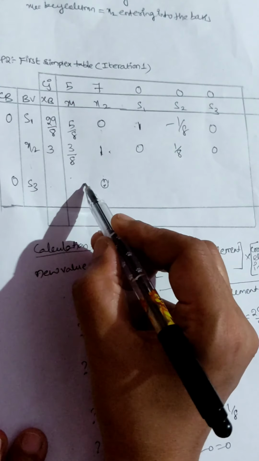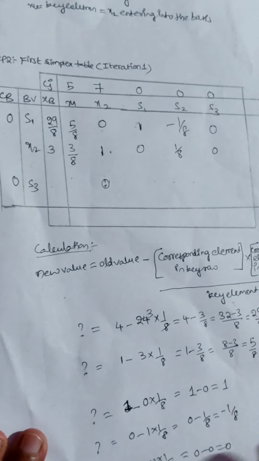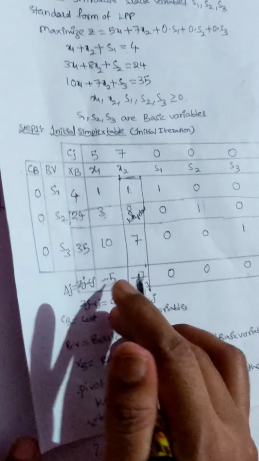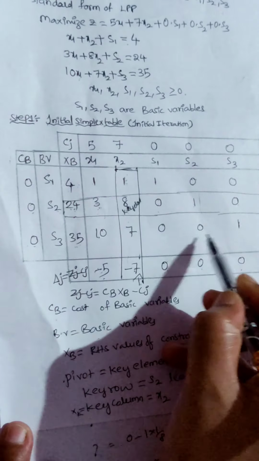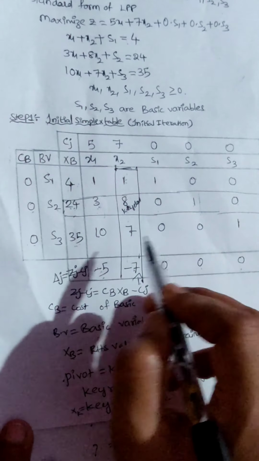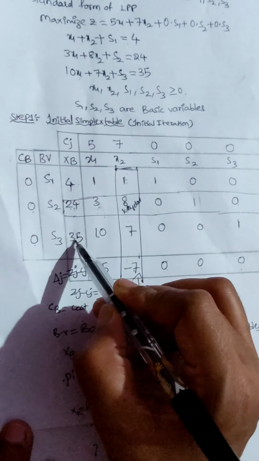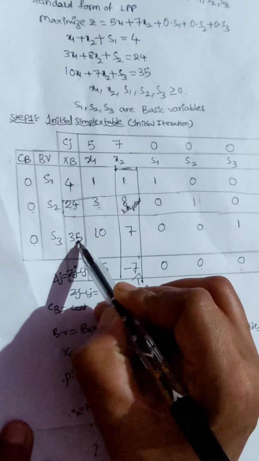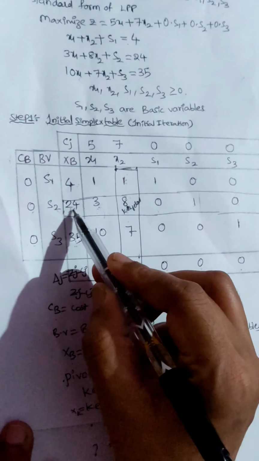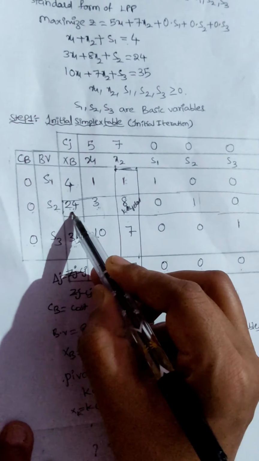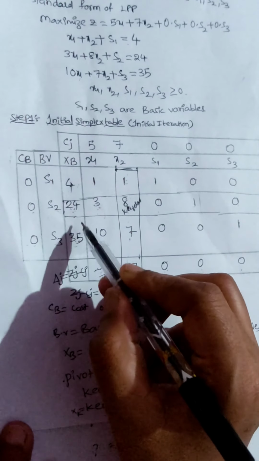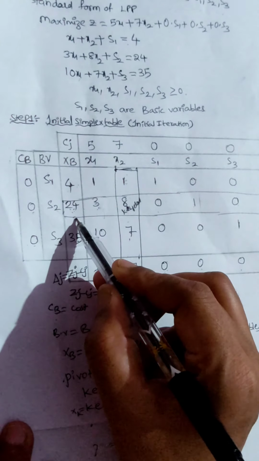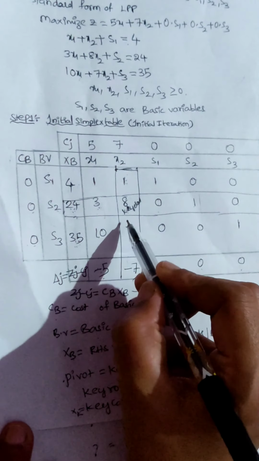Now these values will be replaced by the new values again using the same formula. Here you assume these values 35, 10, 7, 0, 0, 1 are the old values. Now apply the formula. The old value here is 35, old value minus corresponding element in key row into corresponding element in key column by key element, that is 35 minus 24 into 7 divided by 8.